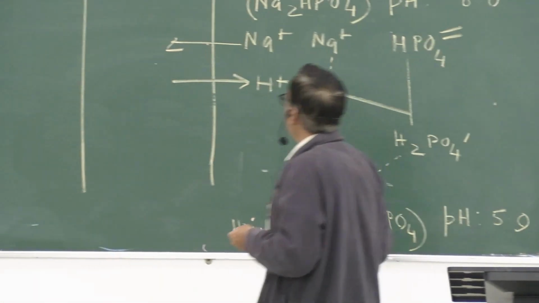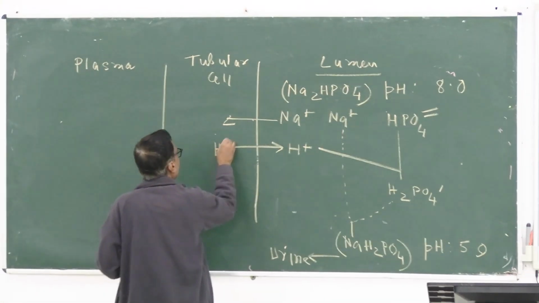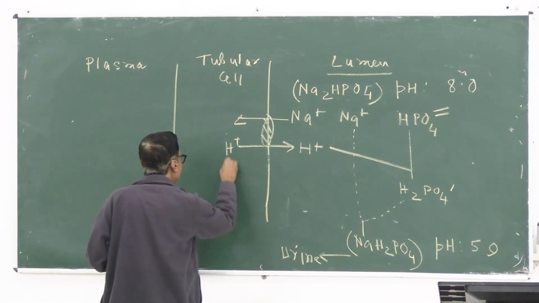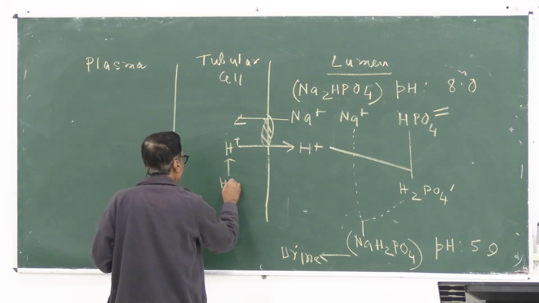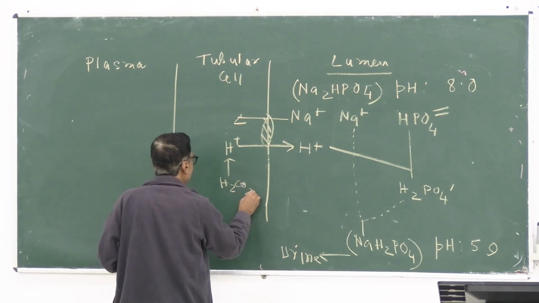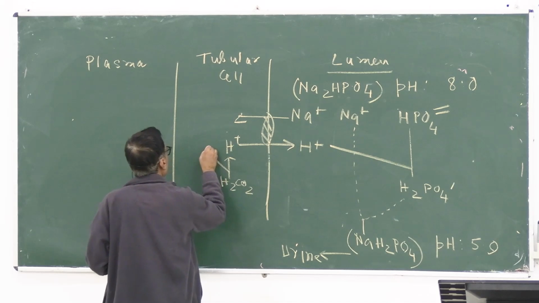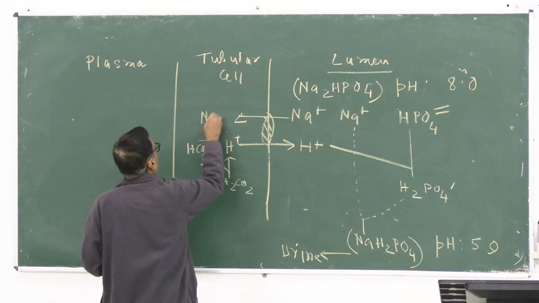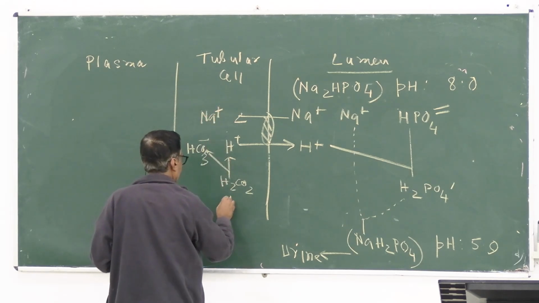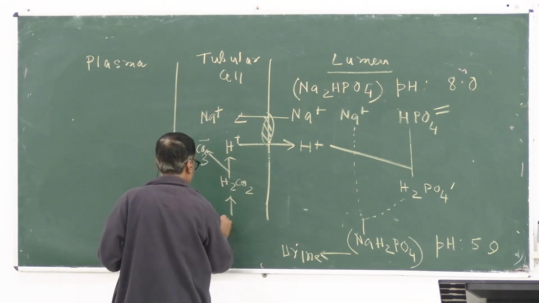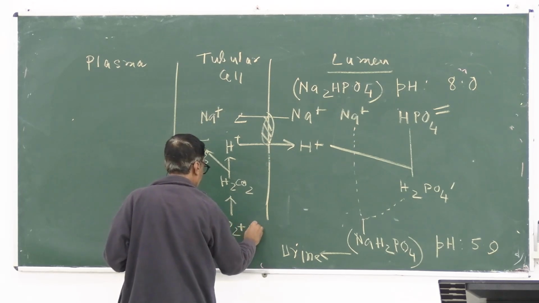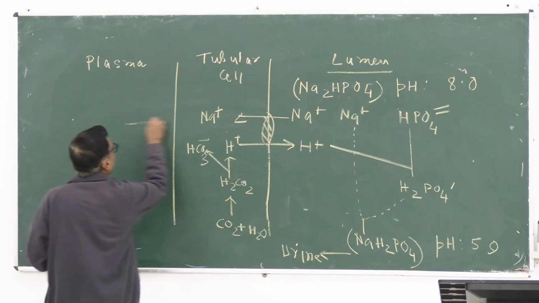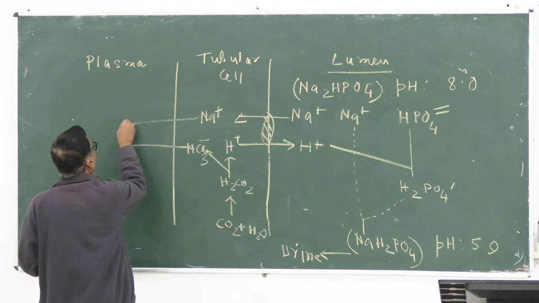So the phosphate buffer helped here, and the hydrogen ion comes, there will be sodium hydrogen exchange, and this hydrogen ion will again come from carbonic acid, CO2 plus H2O, and again sodium and bicarbonate will appear in the blood.